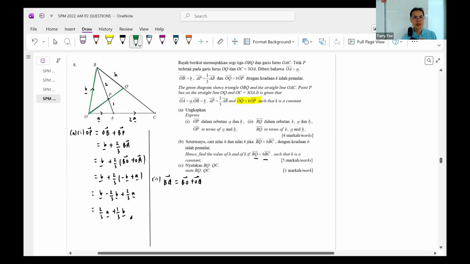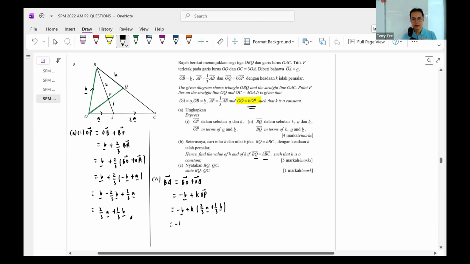Looks like this, right? So you already know your BO is minus B, going in the opposite direction. Put a minus B here. And OQ is K times OP. We know OP from part A, so I'm going to use the result and substitute inside. OP is 2 over 3A plus 1 over 3B.